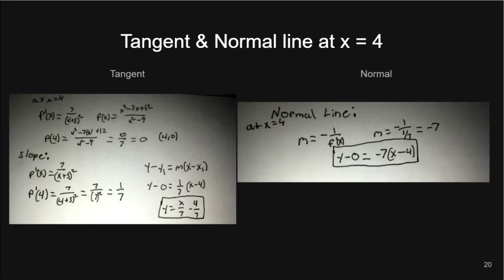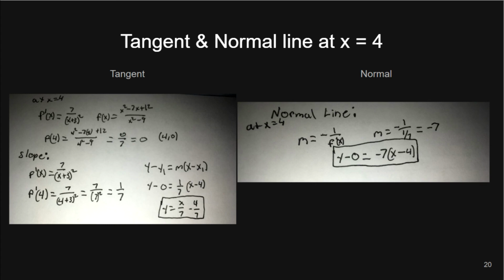Finally, we have our tangent and normal line at any given point, and we chose x is equal to 4. Nothing special about it, just a regular old point. First thing we want to do is find our y. And we do this by plugging in 4 to the original function, and doing the math, we get 0. So our point is (4, 0). Next, we want to find the slope.